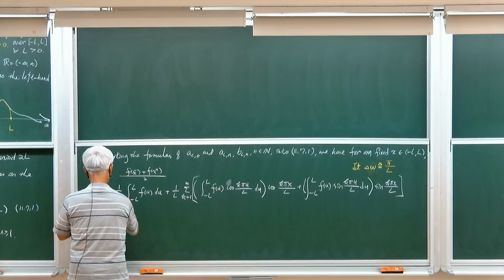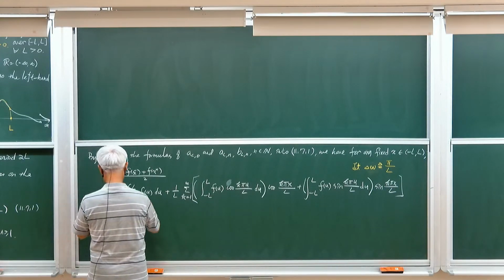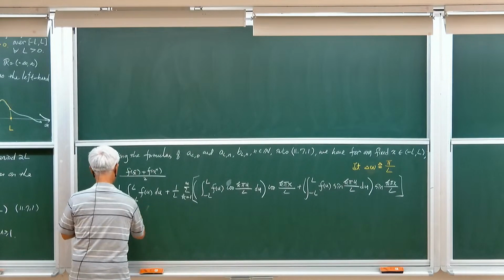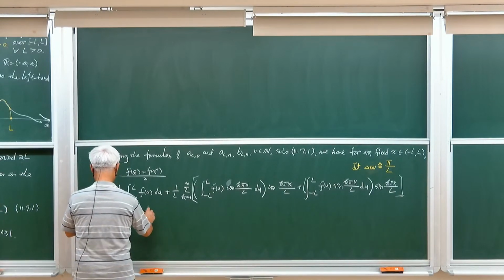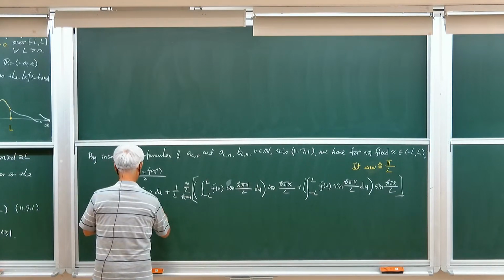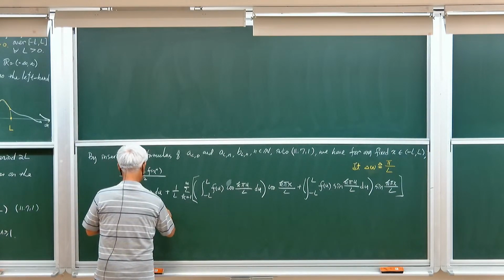So here we have 1 over 2 pi, the integral from minus L to L of f(u) du, and delta omega here.